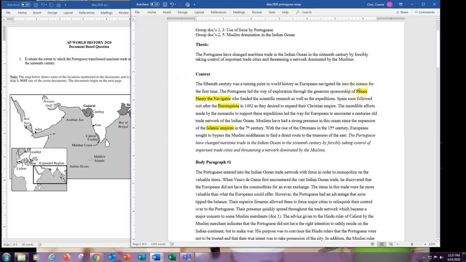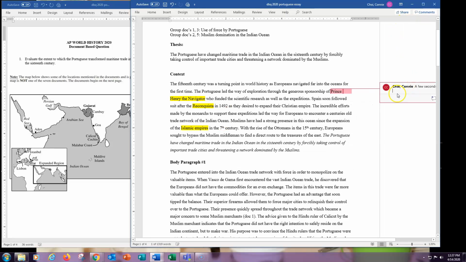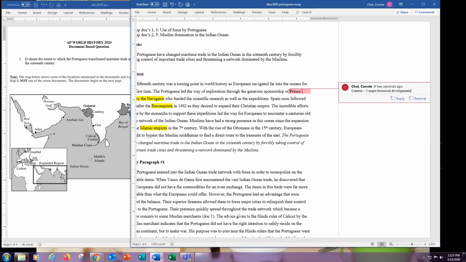Now you will see here I have 3 terms that I have highlighted. The reason I've highlighted these terms is to show you that I've indicated 3 major historical developments in my context, which is important for you to do, because it really shows the extent of your knowledge of this time period.